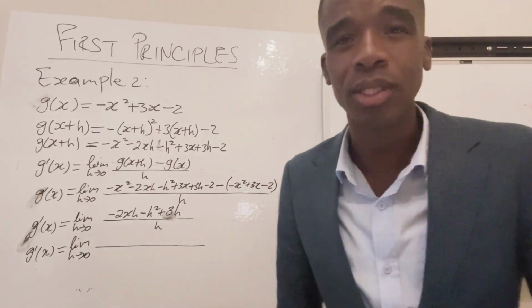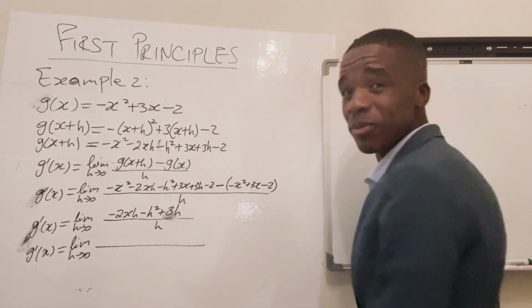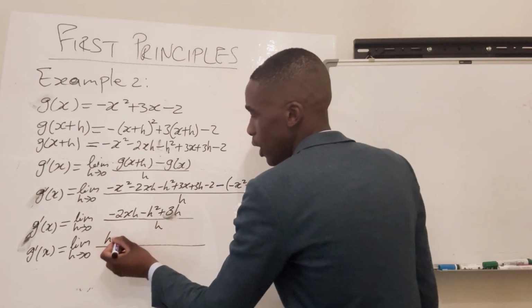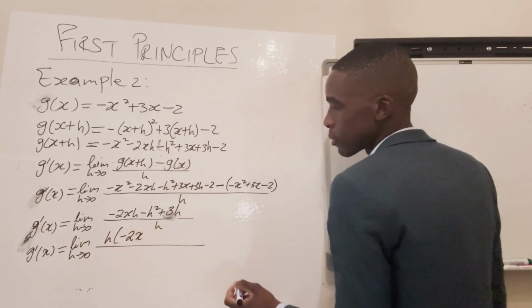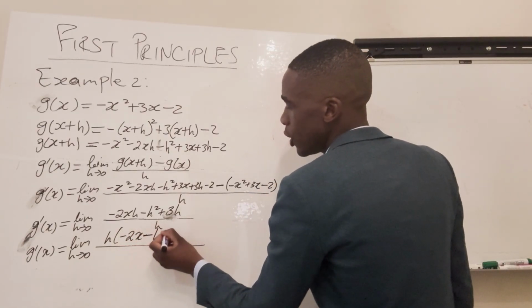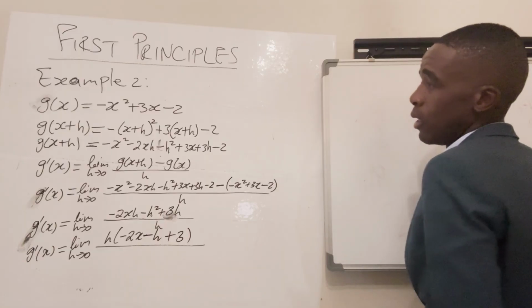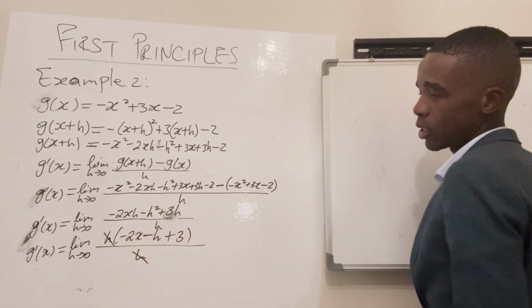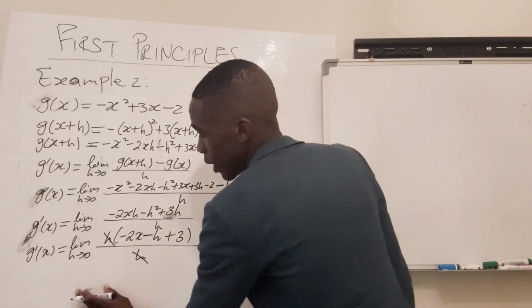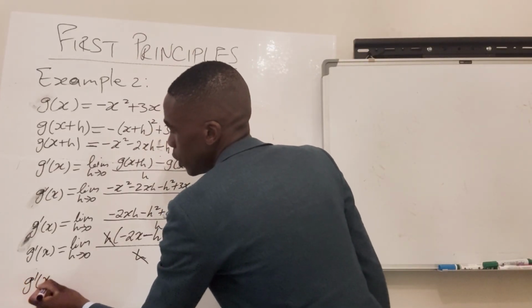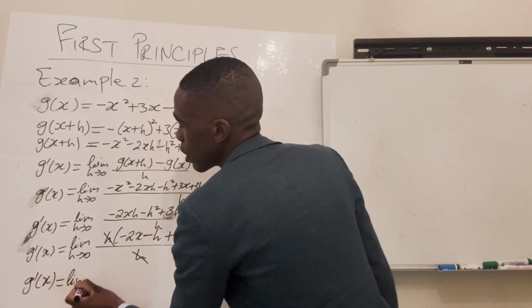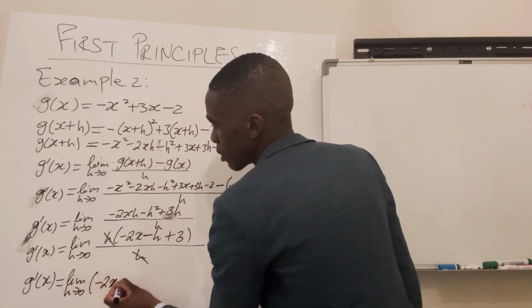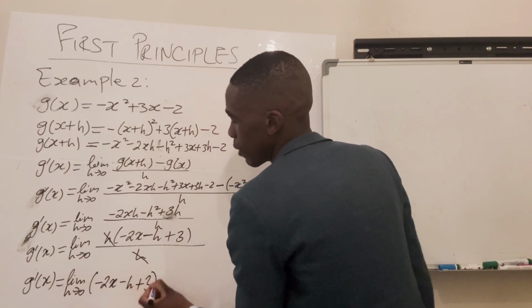What's the common factor? The common factor becomes h. In the numerator, h into minus 2x minus h plus 3, and all over h, the h cancels the h, of course, which means we are left with g prime of x, the limit as h approaches 0, is equal to minus 2x minus h plus 3.